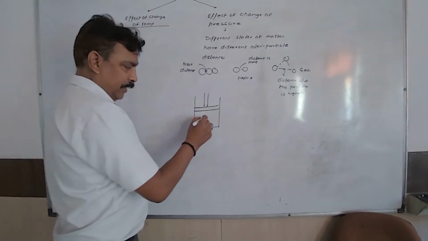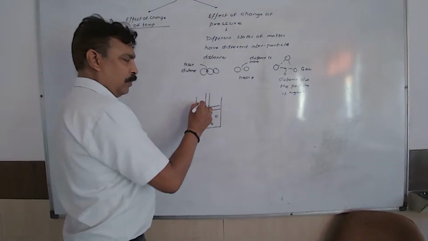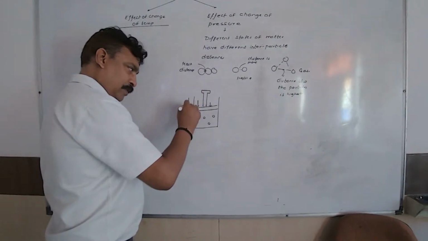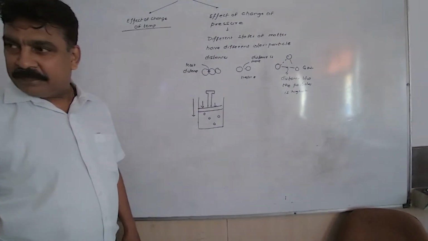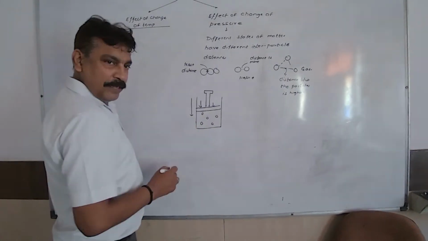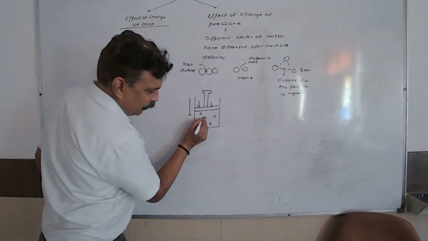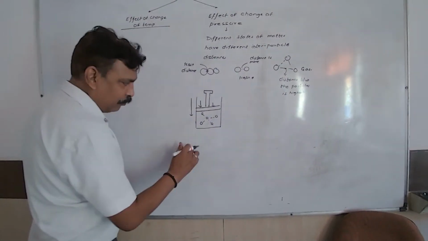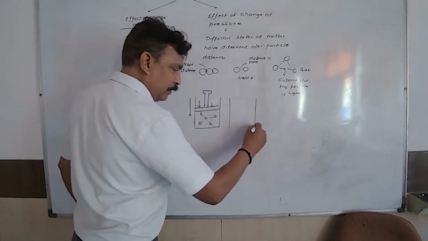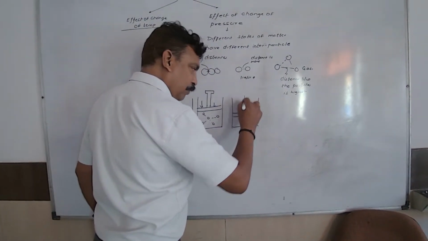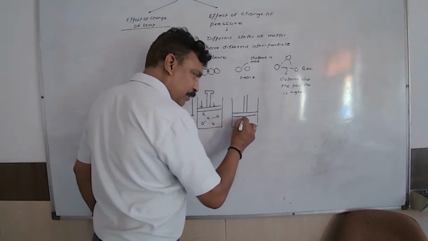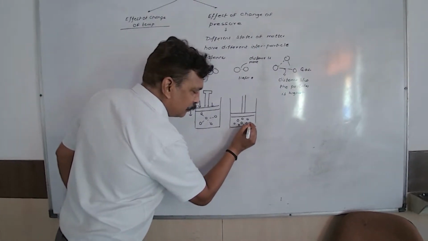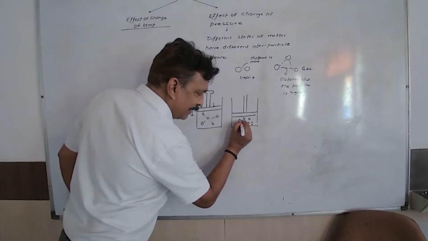What I do is push this piston down. As we push the piston down, these particles come closer, yes or no? They start colliding with each other. Once these particles become closer, they start attracting each other.